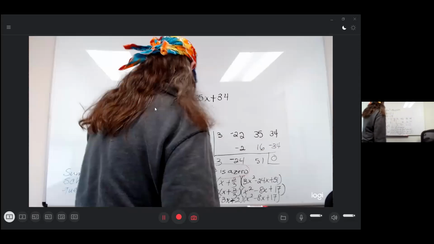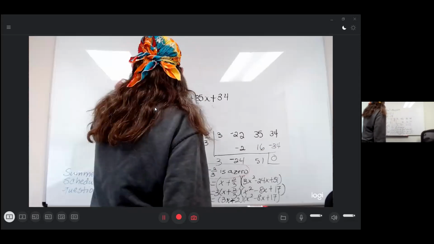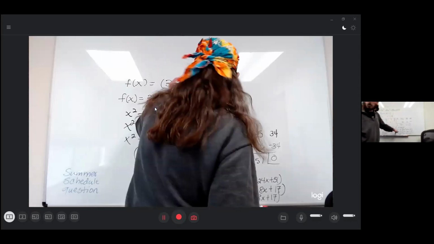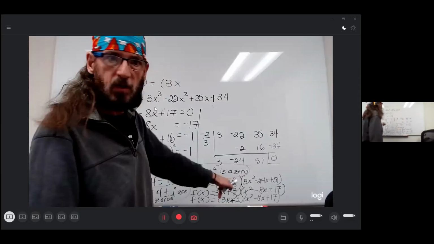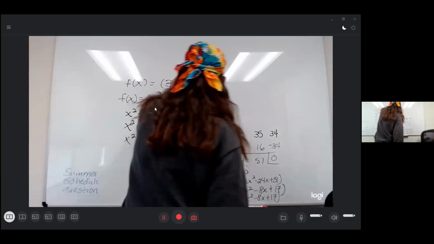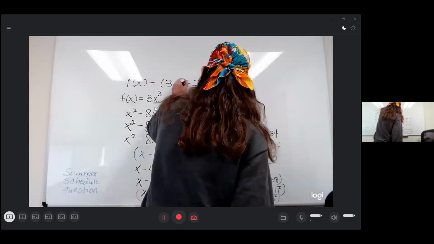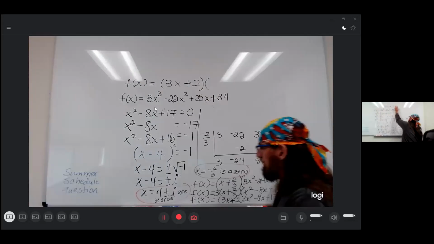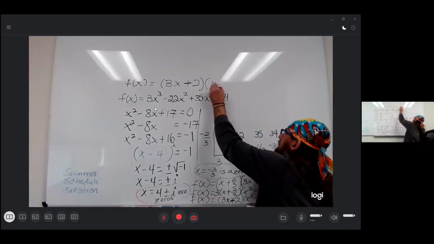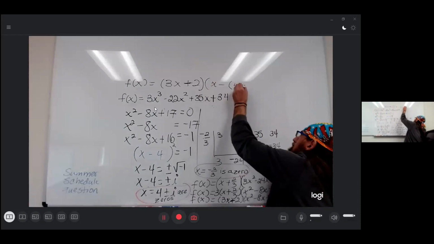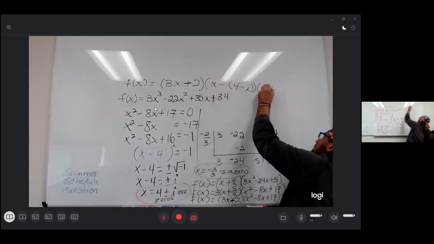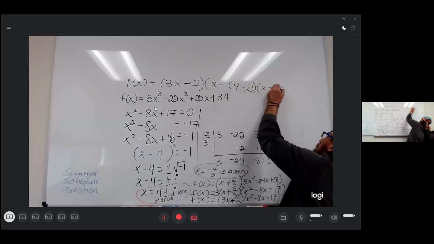We could write this as either the 3 times the quantity x plus 2/3, or the little bit nicer version here. And then you'd have x minus all of 4 minus i, and x minus all of 4 plus i.